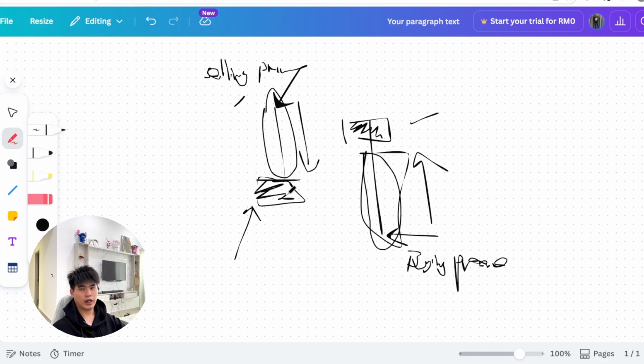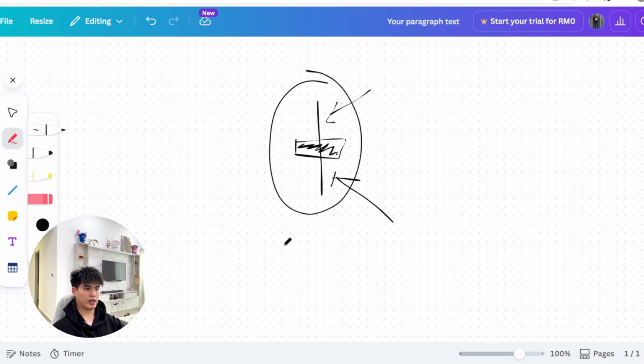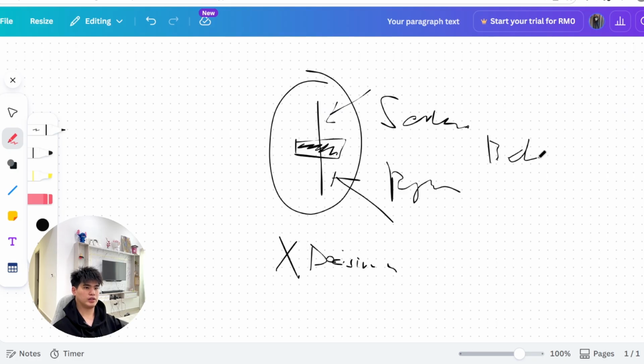Again, regardless of the color of the candlestick, a wick on top means sellers are coming in, whereas a wick at the bottom means buyers are coming in. And what if the candlestick has wicks at the top and at the bottom as well? It means there is no decision, and sellers and buyers are balanced.